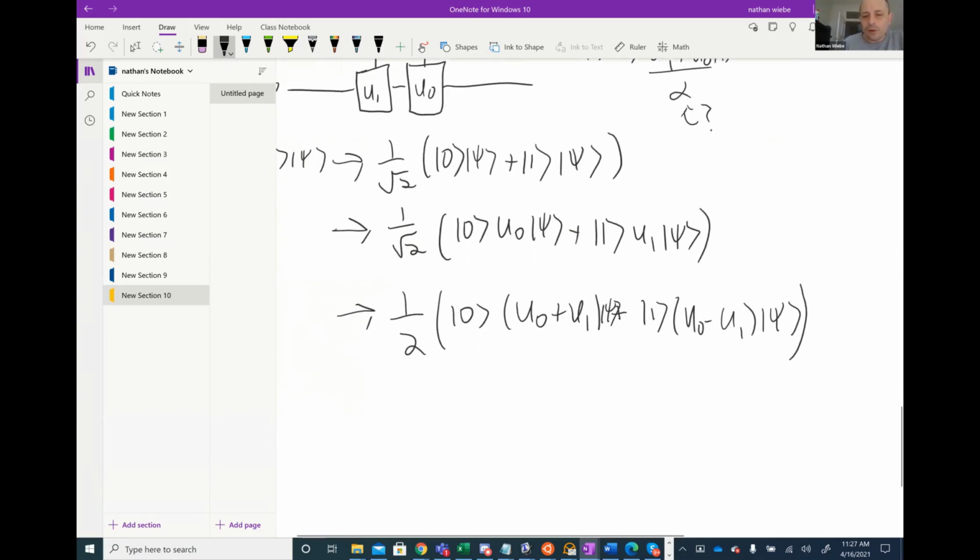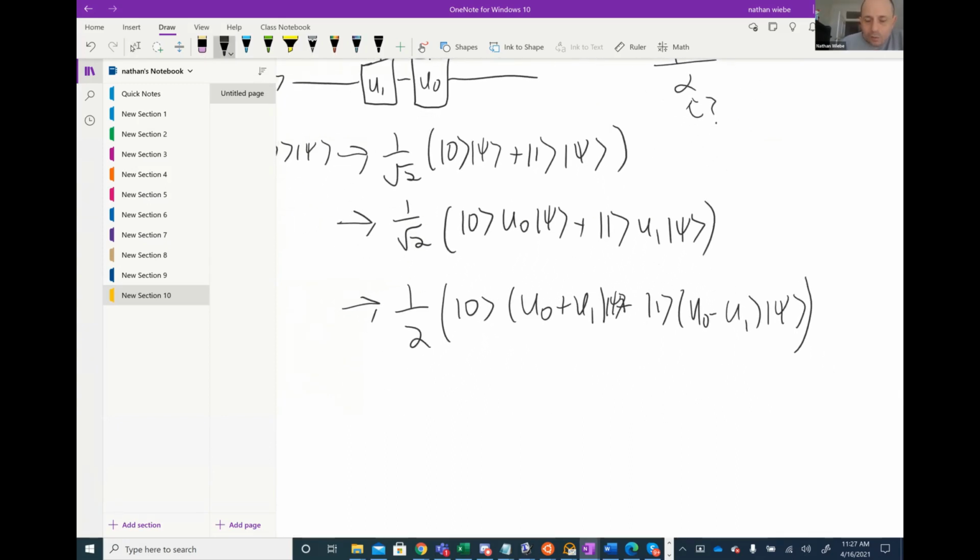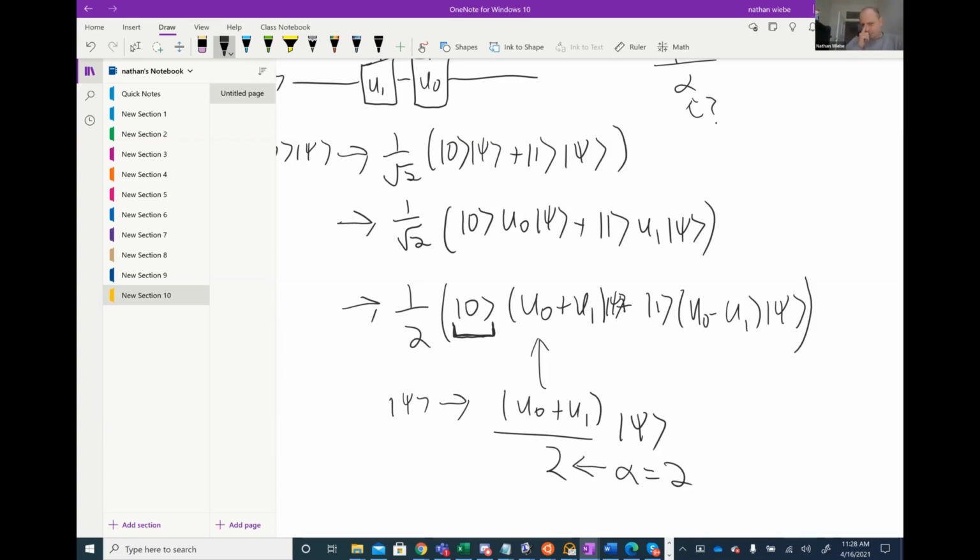Okay, so if we take a look at this, what we're saying is that if we were to measure this first qubit and get 0, then we would end up applying psi goes to (U0 plus U1) over 2 psi. So in this case, we see that alpha equals 2.